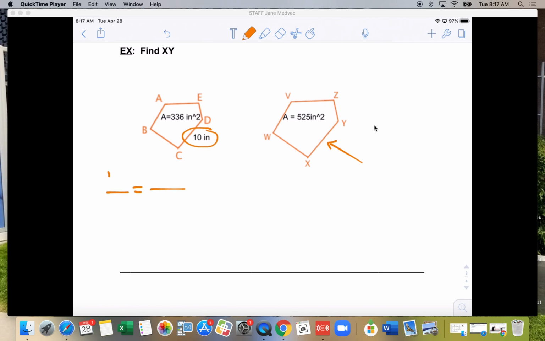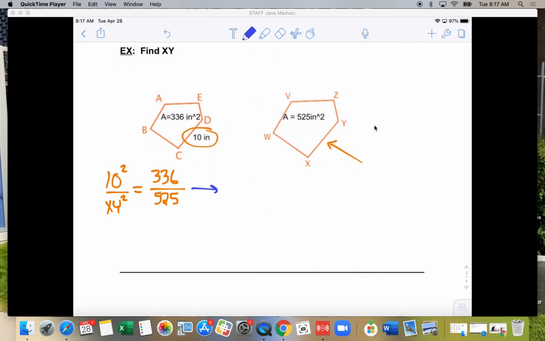I got the small length side. I do not know the side length of the larger figure, so I'm going to call that XY, and I'm going to square it, and I'm going to square this because, again, those are the side lengths, and I'm comparing it to the area. So the area of the smaller figure is 336. The area of the larger figure is 525.